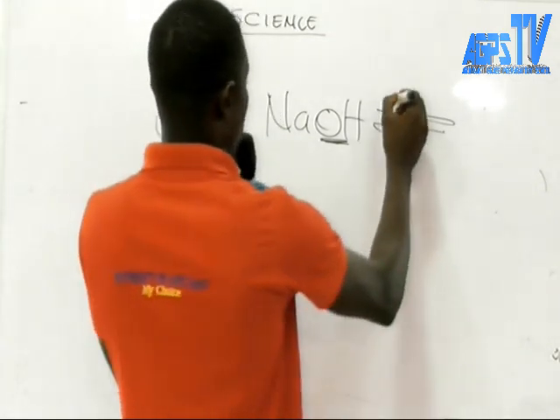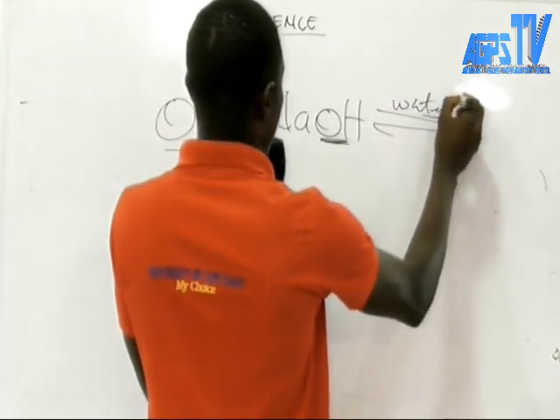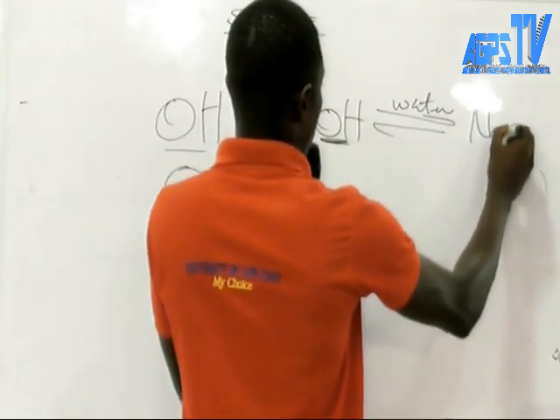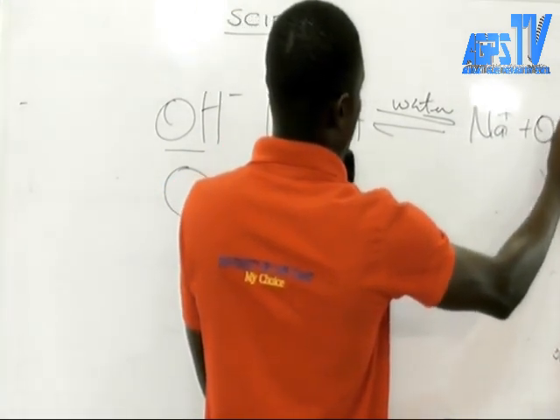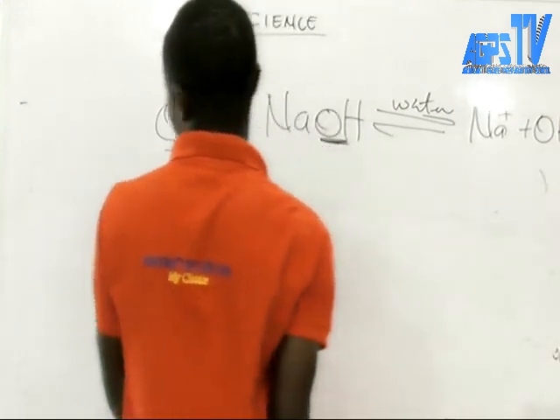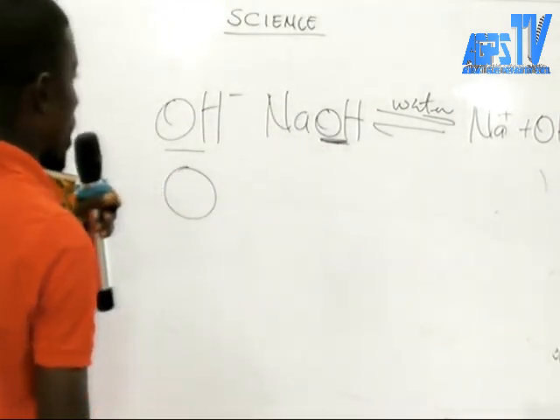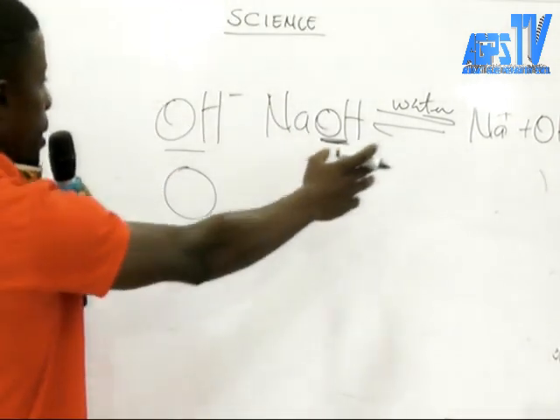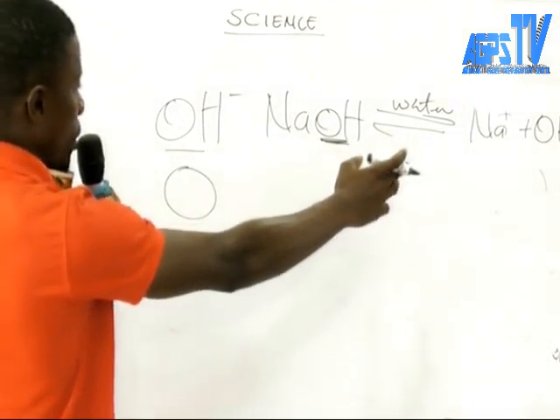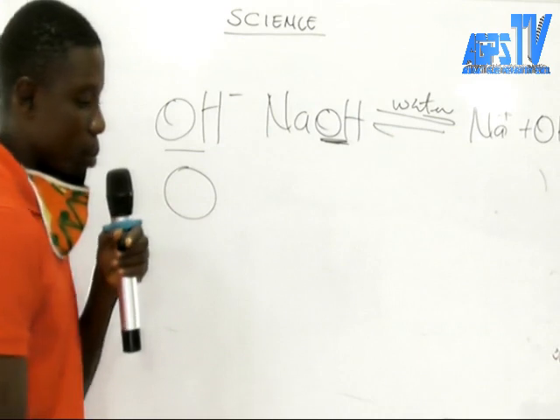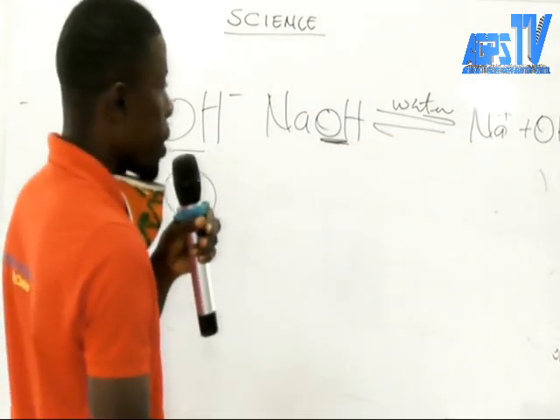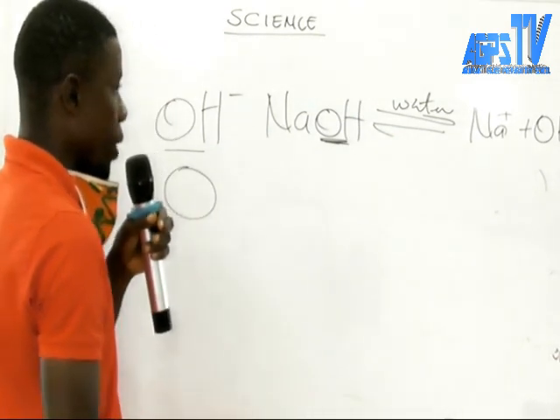Here you get sodium ion and hydroxide ion, like this. So a base is a compound that produces hydroxide ion when dissolved in water.